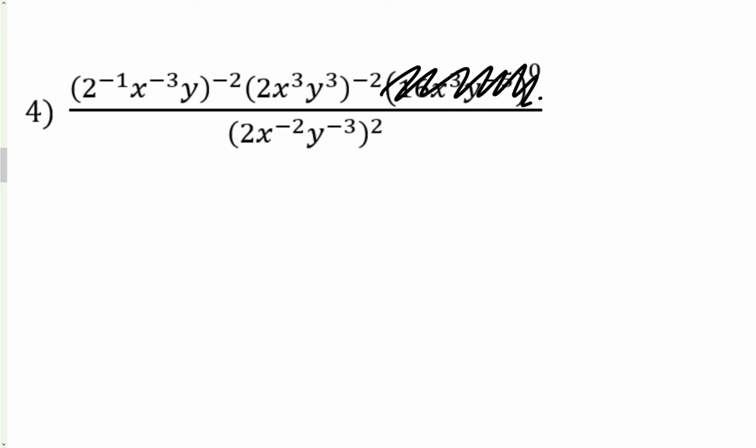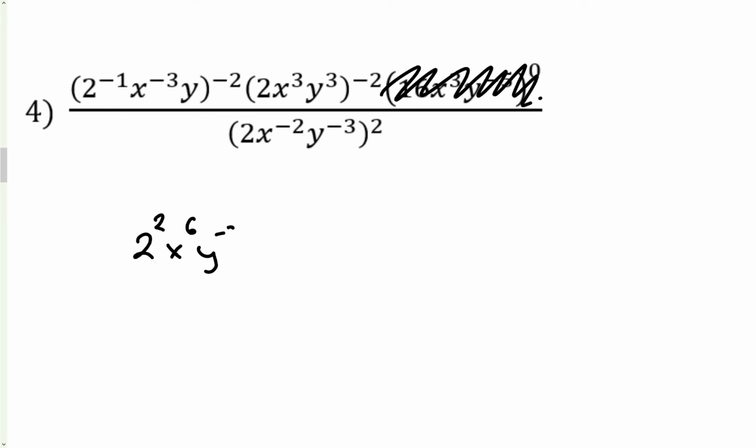All right, so let's start then by product to a power. Let's raise all these to the negative 2 power. So I'm basically going to distribute the exponent. So that turns into 2 to the positive 2 power. Negative 1 times negative 2. X to the positive 6 power. 3 times 2.